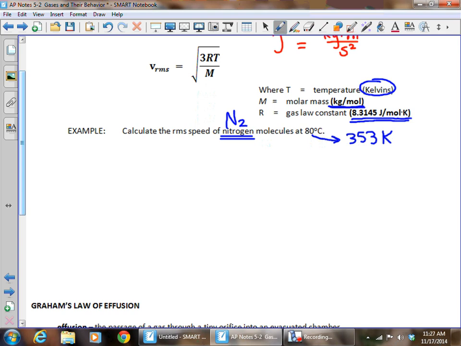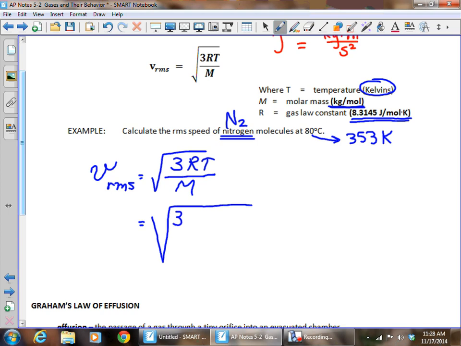So the RMS speed then is the square root of 3RT over M. Remember that we need R to be 8.3145 kilogram meter squared per second squared per Kelvin mole.